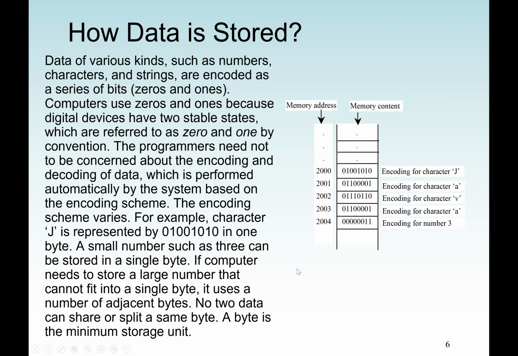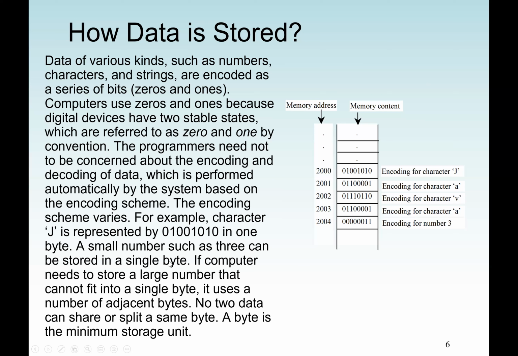Now, the encoding schemes vary. For example, we may have a character J, which is represented by 01001010. We can see we have 8 ones and zeros, which we call bits. Normally 8 bits represent 1 byte, and 1 byte is the same as 1 character.